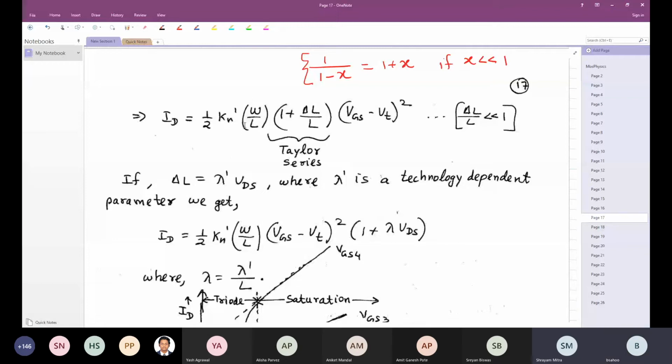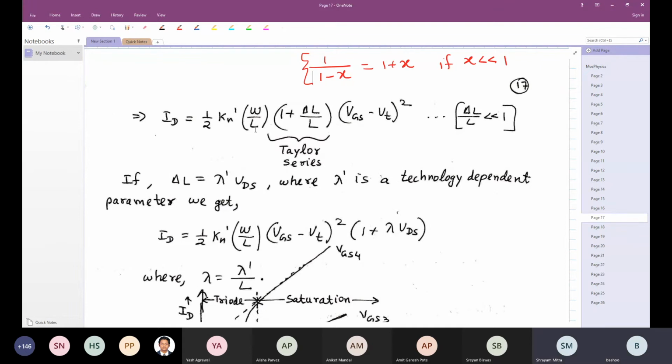So how does the channel actually play the role? The thing is that when we find out that current is dq by dt, the current is going to increase if I reduce the time or I increase the rate of change of charge.